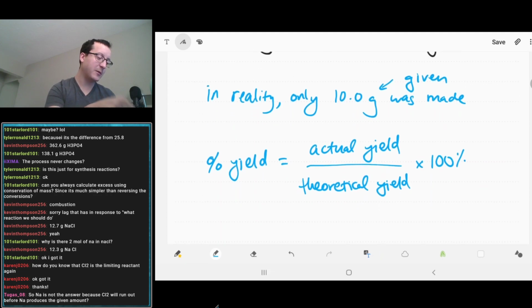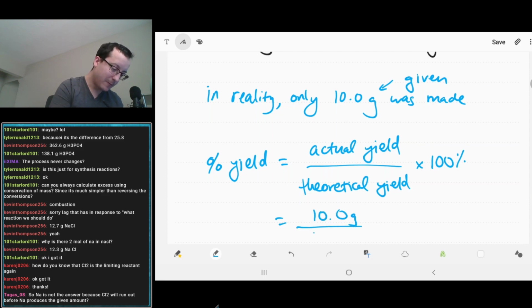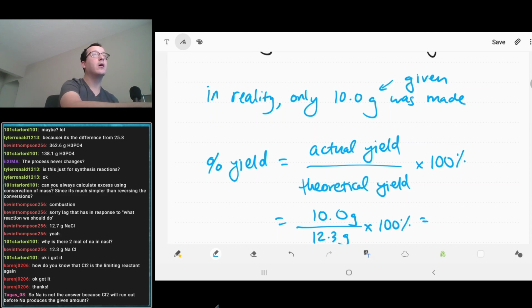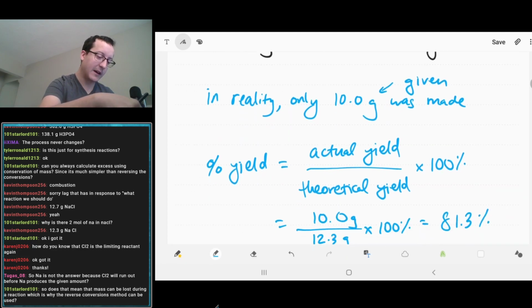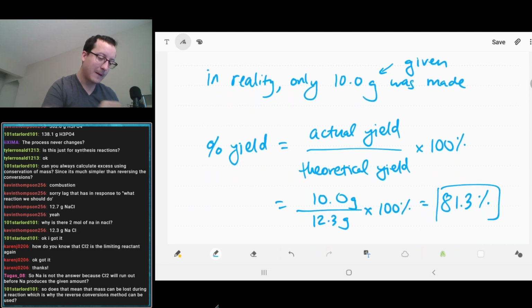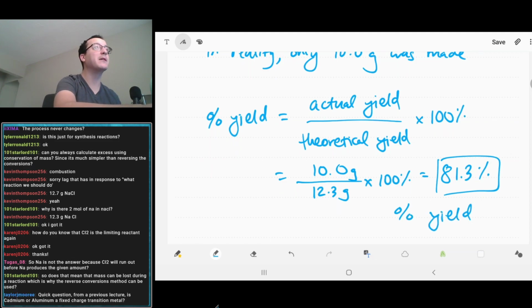And so in this case, the reaction yield, if we only made 10 grams, would be, I'll do the math, 10 divided by 12.3. So this reaction was 81.3%, like, efficient or whatever. So that is the percent yield for this reaction. So again, I've just kind of thrown out that number 10.